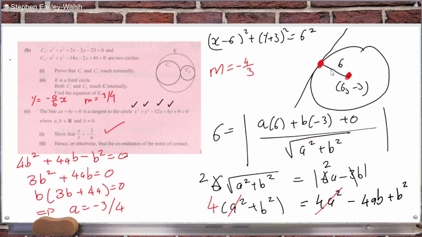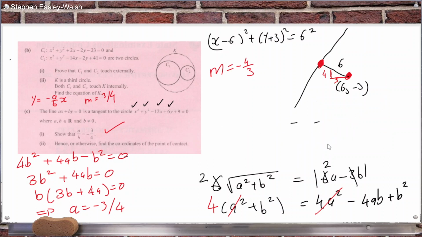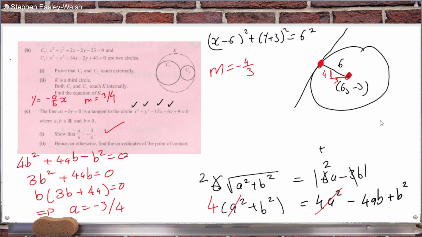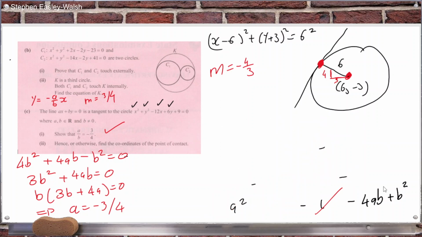So it means here that's 4 units and that's 3 units. So if you draw a little triangle here, that's 3 and that's 4.